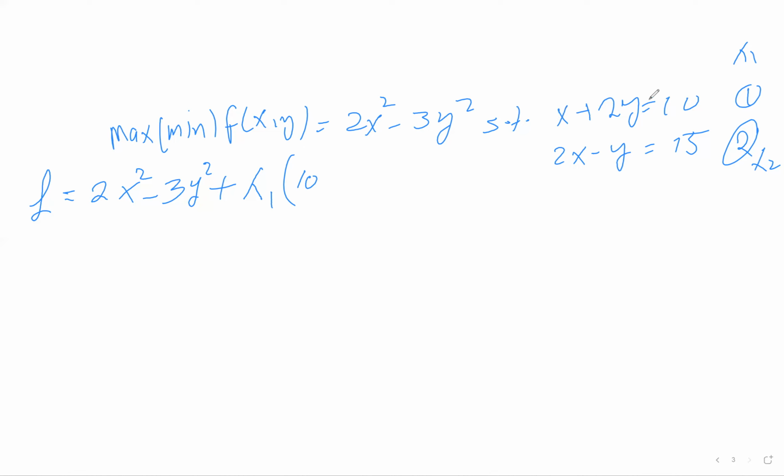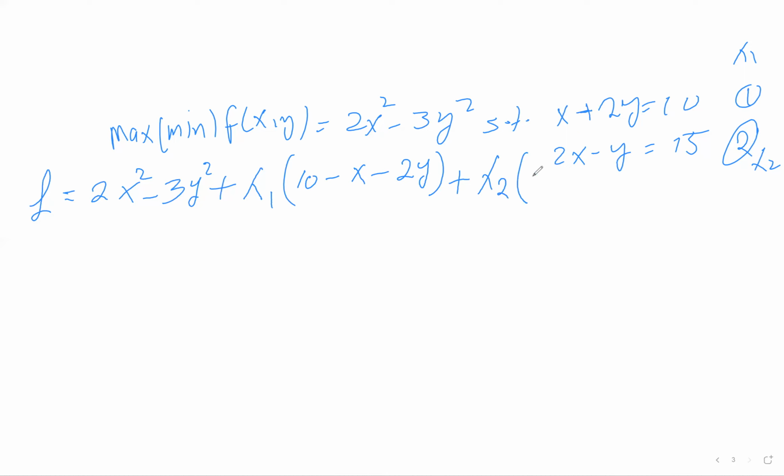When we move x to the other side of the equality, the sign changes. So that becomes minus x, and this becomes minus 2y. Then plus we have the second constraint, lambda 2.